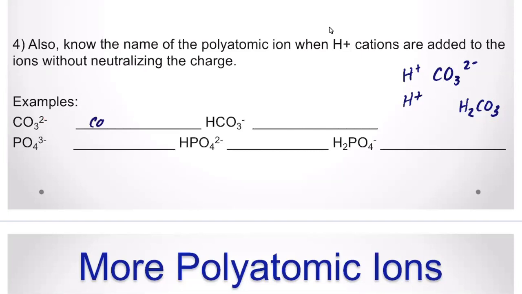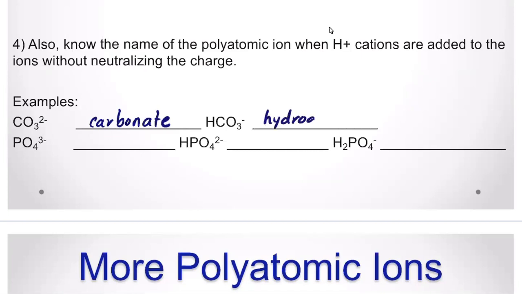Okay, so we know this is carbonate. So it's carbon ending in ate, for the 3 oxygens, and that's a 2-. You add a hydrogen, and the name becomes hydrogen carbonate. Or another name for it is bicarbonate. So bi means 1 hydrogen.